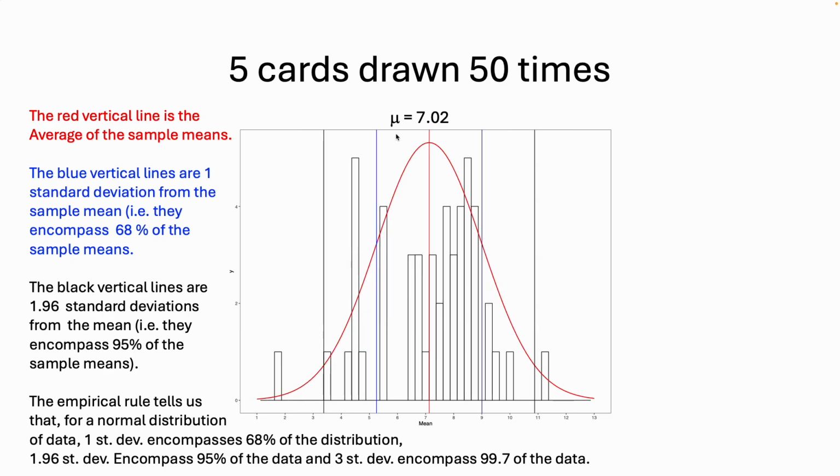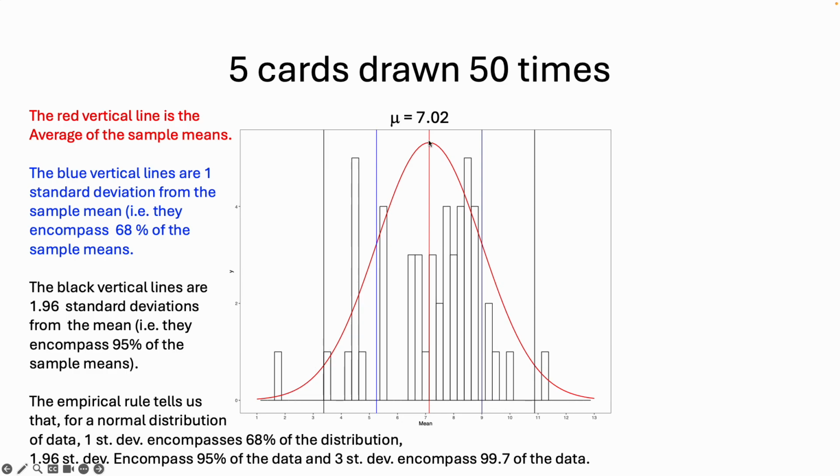So what happens when we draw 5 cards 50 times? Well, the distribution still doesn't look terribly normal. This has big gaps in it, and it's not really normal looking. This is an expected normal distribution, assuming a mean of 7.02 and the spread of the data.